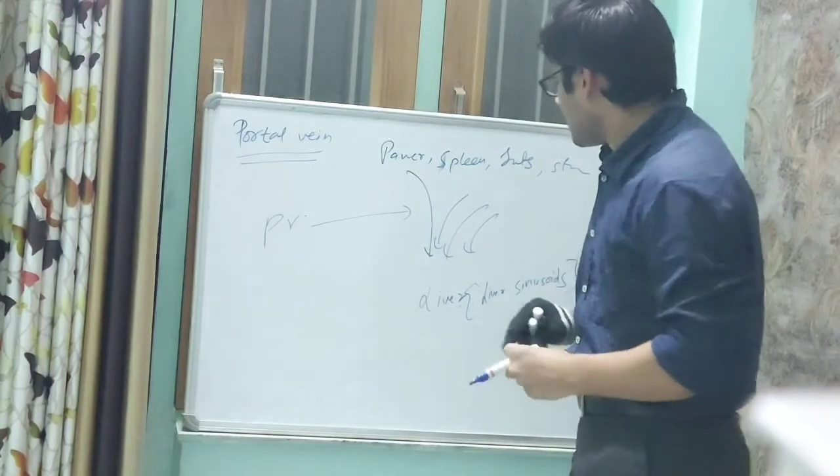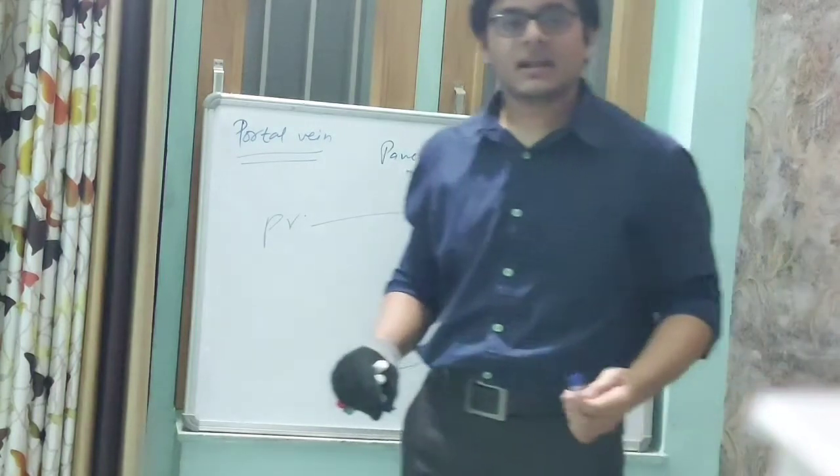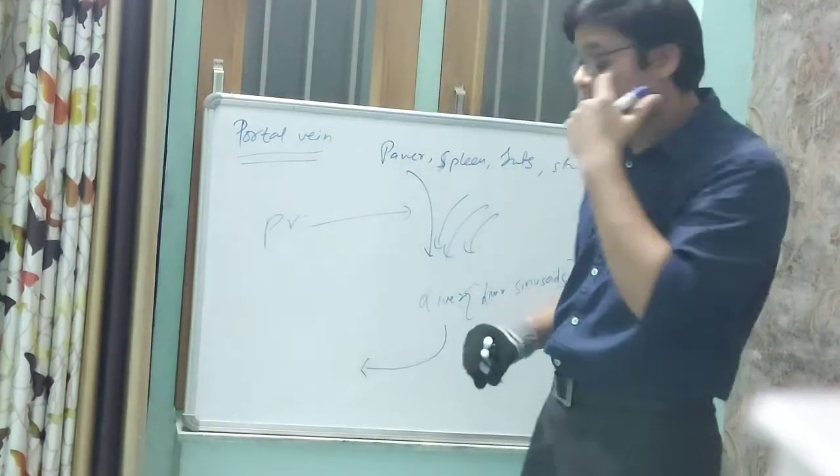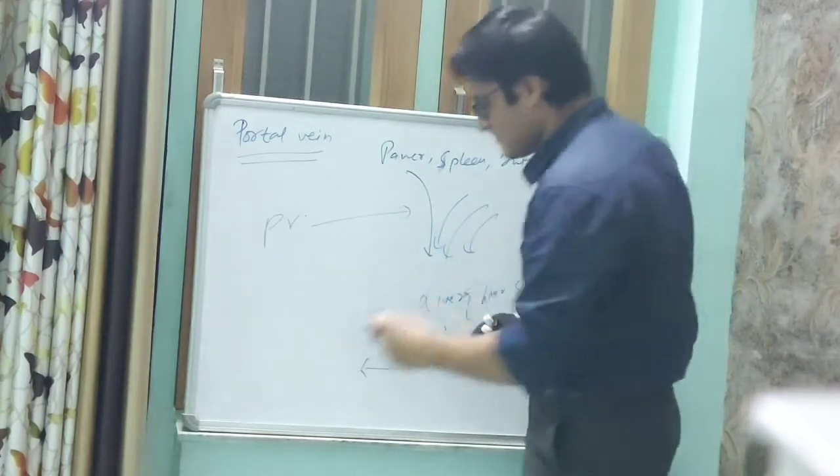The liver sinusoids then drain into what we call interlobular veins, and these interlobular veins connect to form hepatic veins.